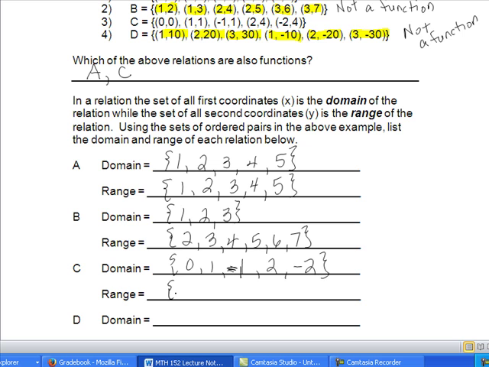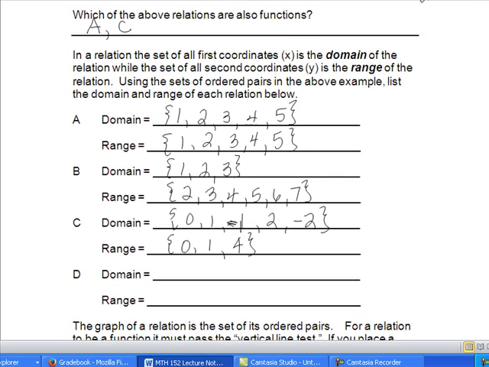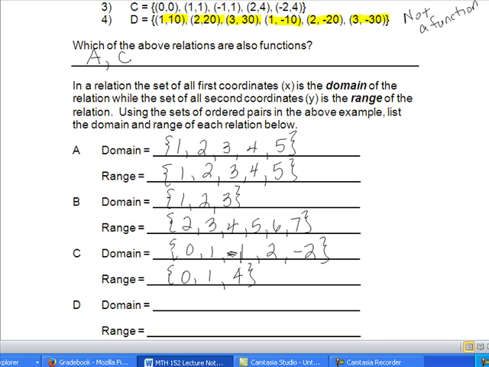Okay, D, which is a relation but not a function, our domain is just 1, 2, 3. Our range, we have 10, 20, 30, -10, -20, and -30.